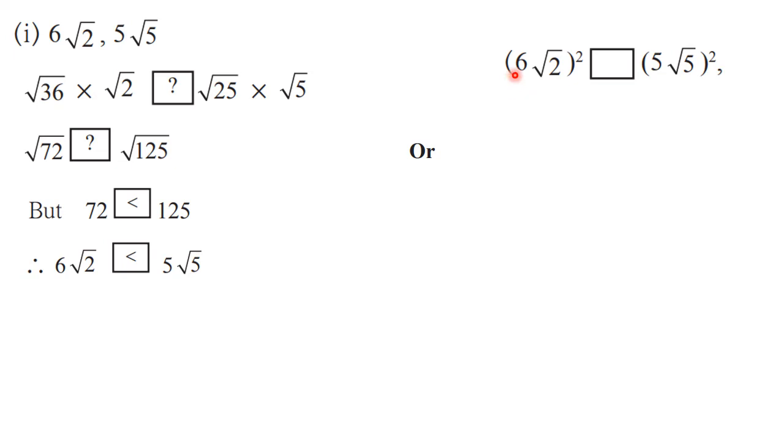Okay, so here 6 square is going to be 36 and root 2 square is 2. So 36 into 2 we are going to get 72 here, and here 5 square is 25 and root 5 square is 5. So 25 into 5 is 125. And then easily we can compare that 72 is less than 125. That is why the first surd is less than the second one.